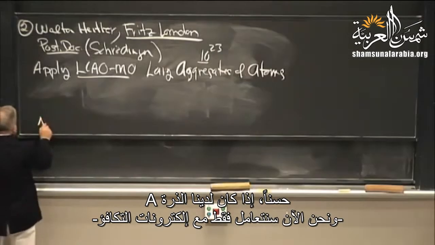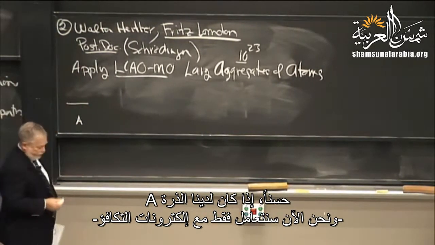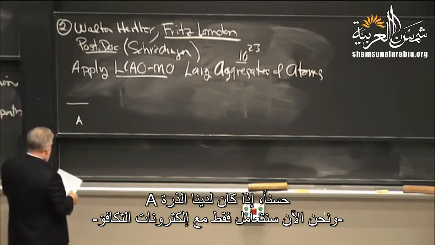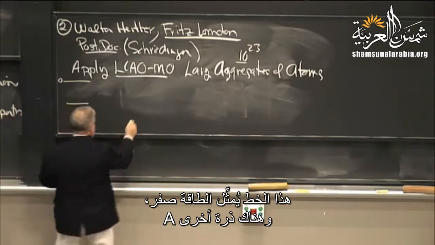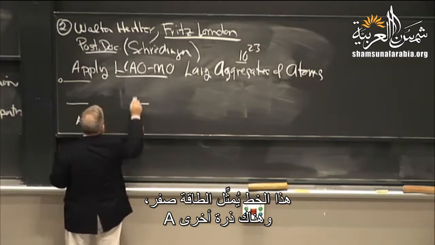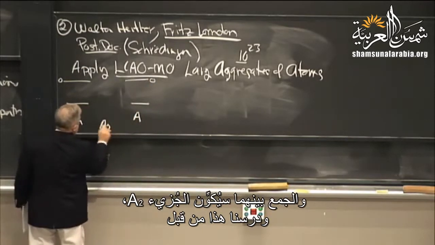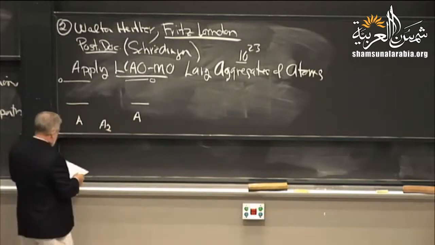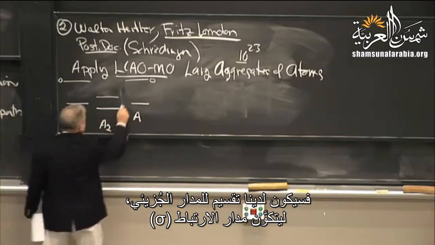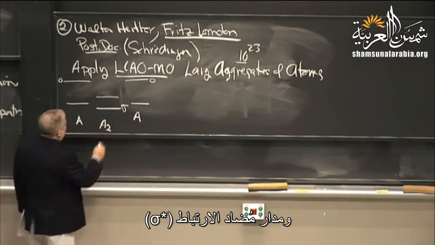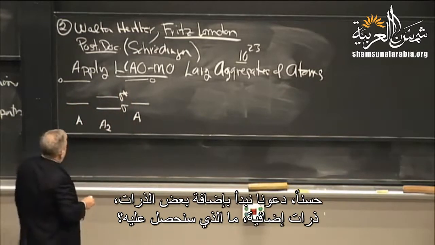Well, remember if we had atom A, and now let's only deal with the valence electrons, and there's another atom A, and this would be A2. And we've been through this before. We know that we get splitting, and we get a sigma bonding orbital and a sigma star anti-bonding orbital.